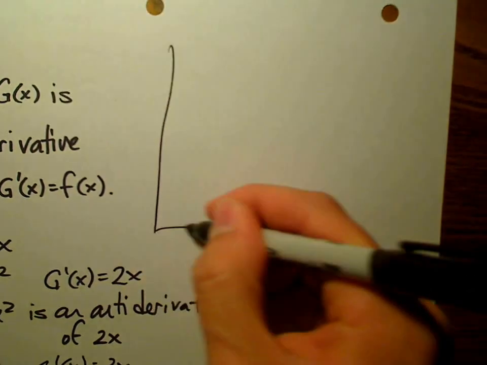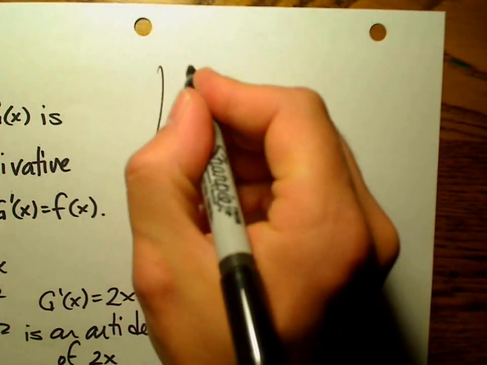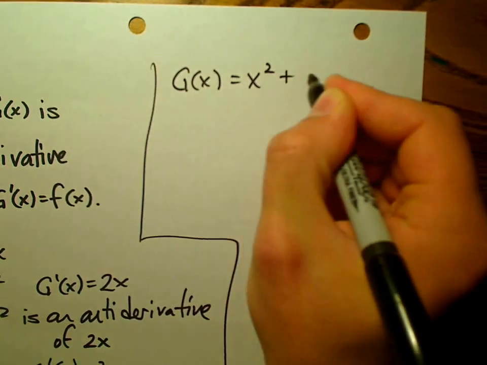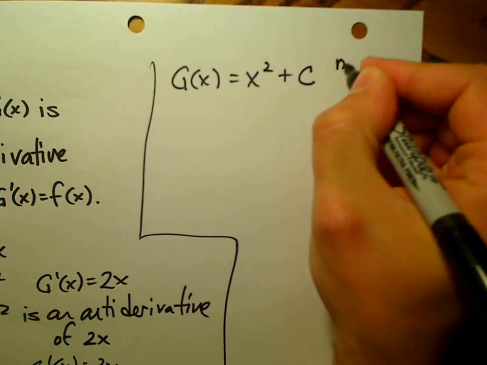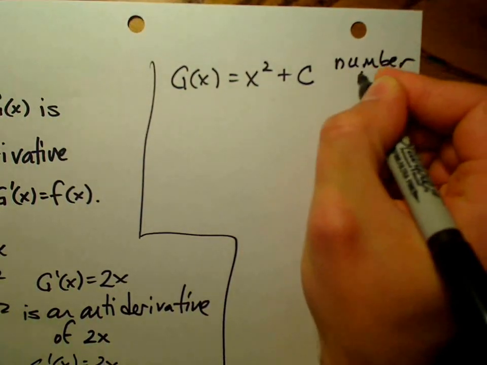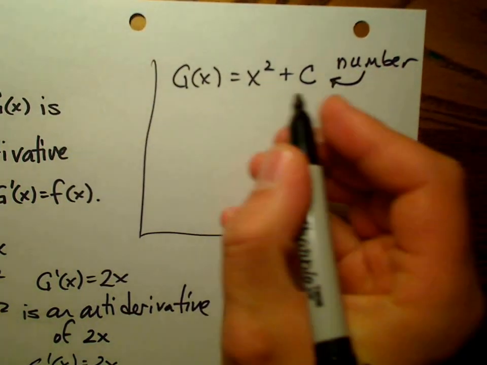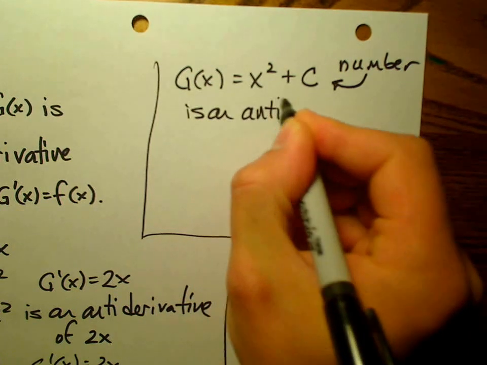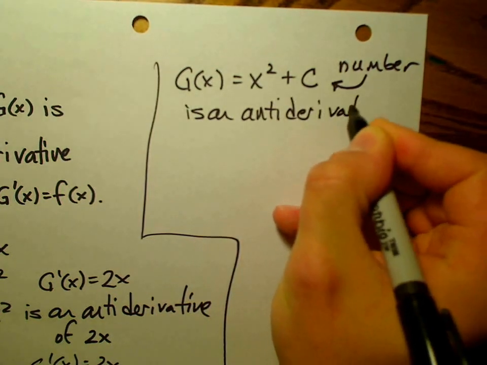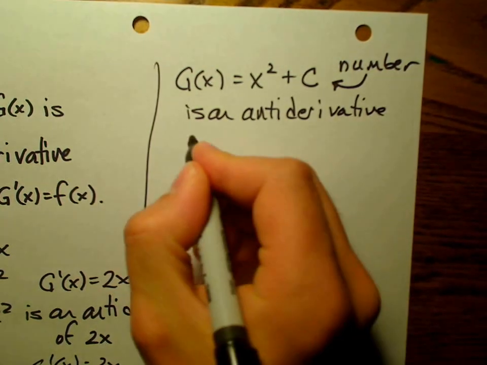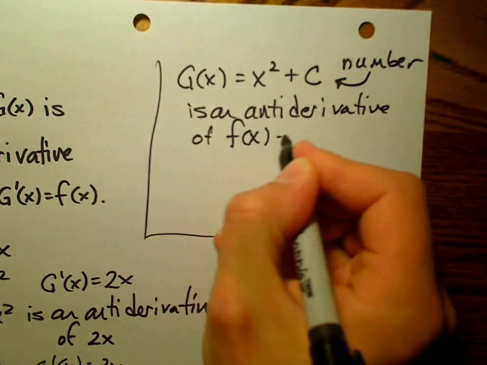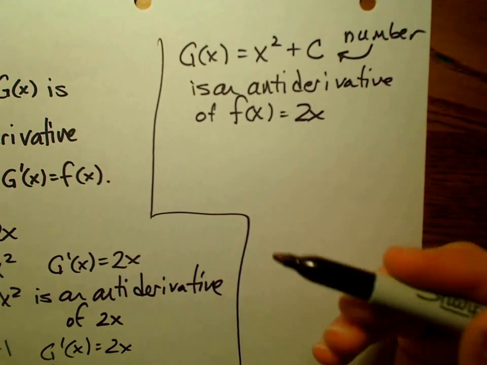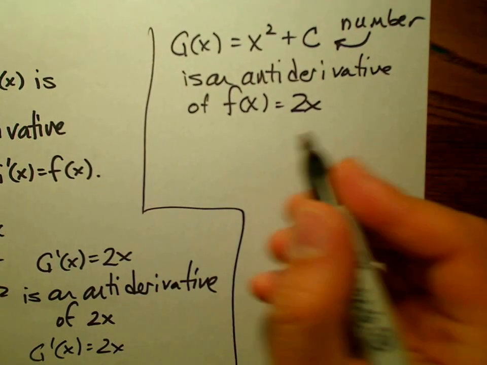In fact, you could take any function, any g of x, being x squared plus a number, or a constant, is an antiderivative of 2x. And so this prompts the idea, before we had one derivative, now there are multiple antiderivatives.